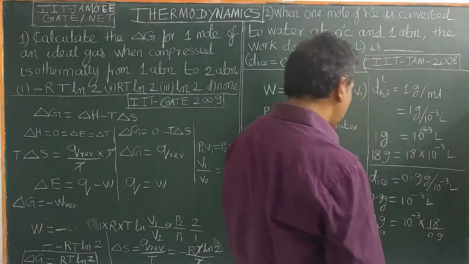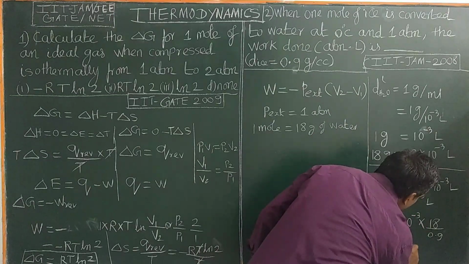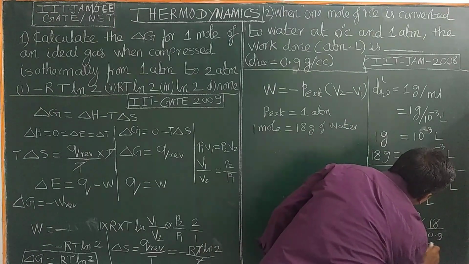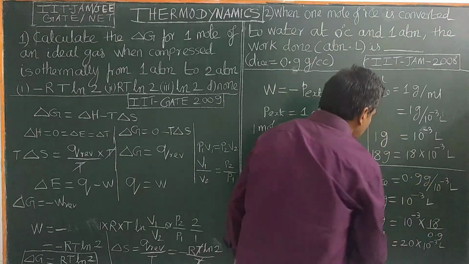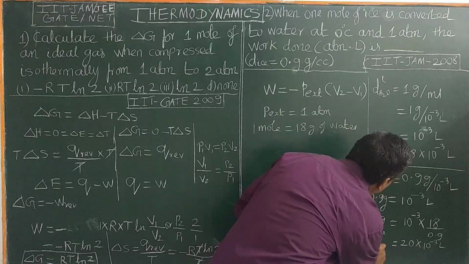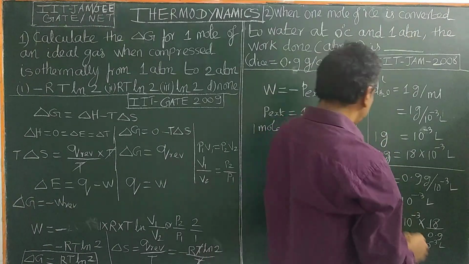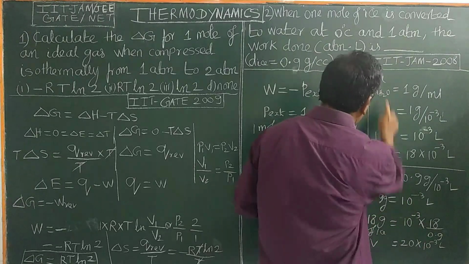Therefore, it will be 20 into 10 power minus 3 liter. This is the volume of 1 mole of ice, and this is the volume of liquid water.